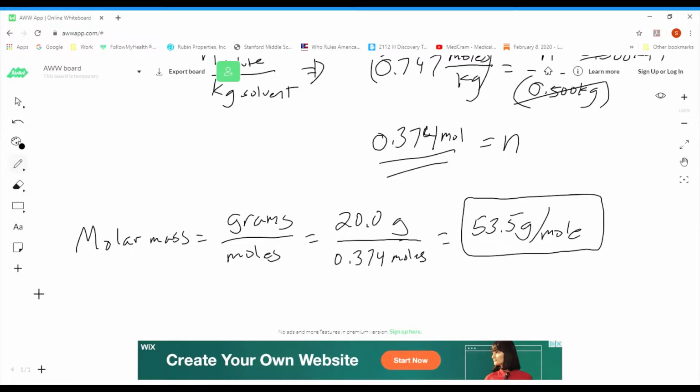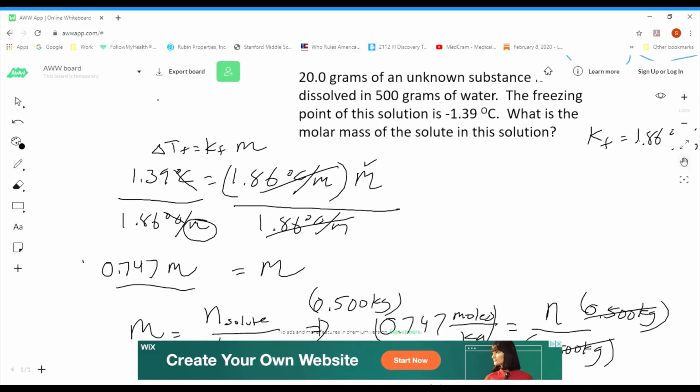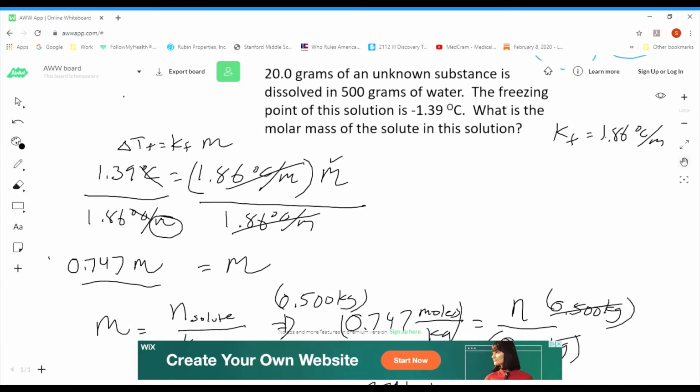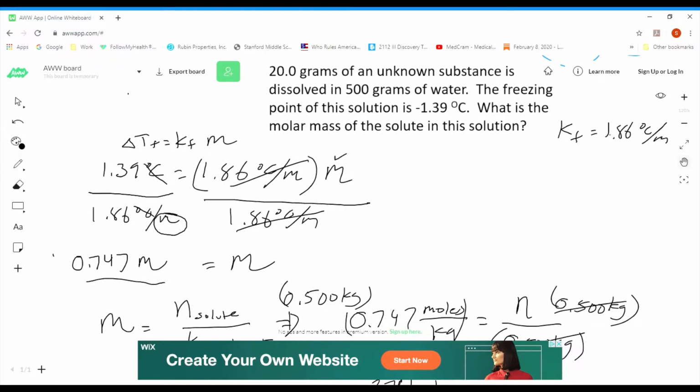Okay, so we were able to figure out the molar mass. We have no idea what the solute is, what we've dissolved in our water. But because we were able to figure out the freezing point depression, we're able to use the equation to help us calculate the molar mass. I'm going to go back over here just to recap real quickly. Once again, we have 20 grams of your unknown substance dissolved in 500 grams of water.